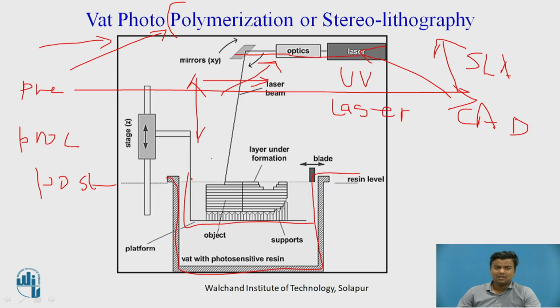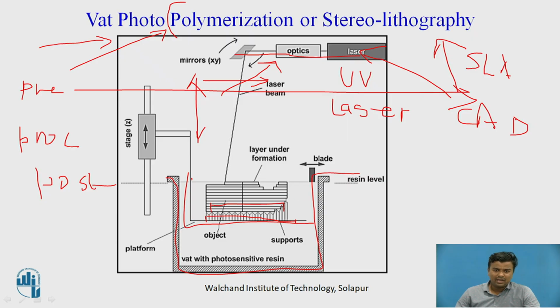So what will happen? Whenever the laser touches the liquid resin, one layer thickness of the liquid will be converted into solid. In a very simple statement, the liquid will be converted into solid with the help of the photosynthesis process, and another layer will stick until your component is developed.